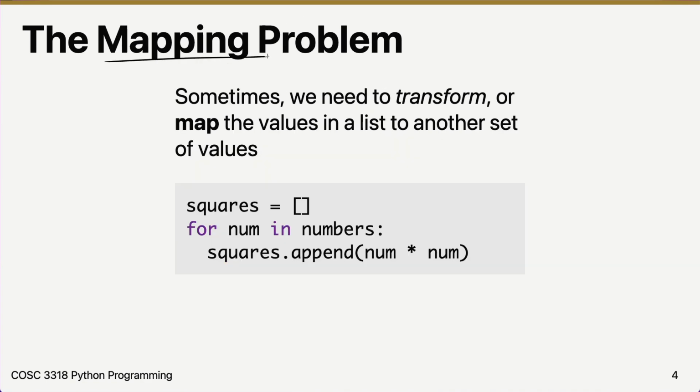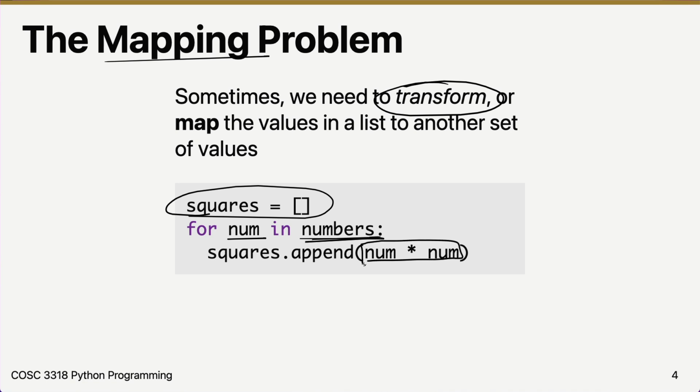The mapping problem is when we want to transform the elements in one list into some new values. So here we're going to create a new list called squares. And then for every number in this list of numbers here, we're going to calculate that square. We're transforming the original number into its square and then appending that to the new list.